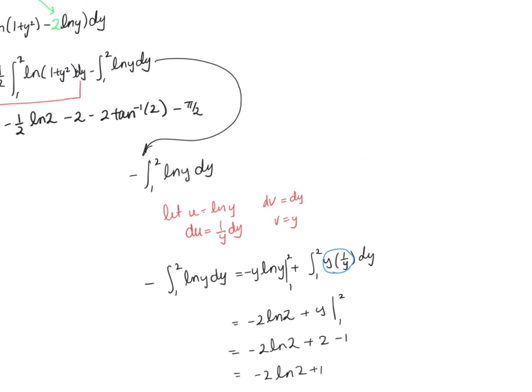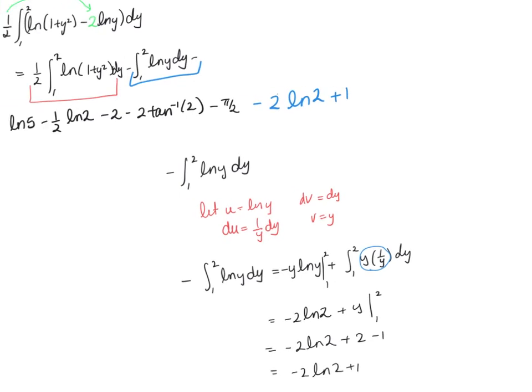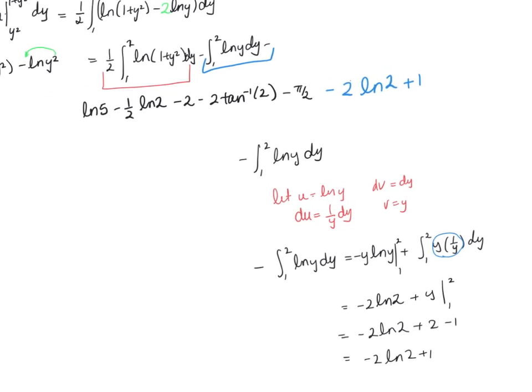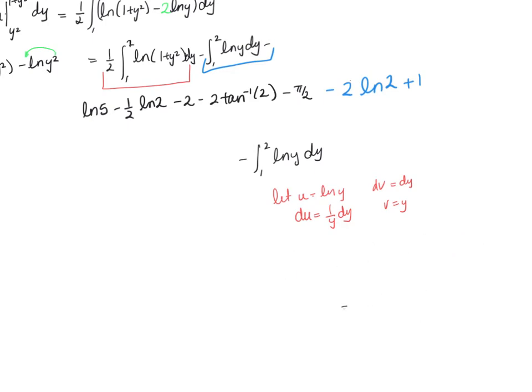So then let me put that in here for the second piece. This ends up becoming minus 2 times the natural log of 2, and then it ends up becoming plus 1. So we get some cancellations here. The natural log of 5 is not going to do anything, so that's just going to stay as is.